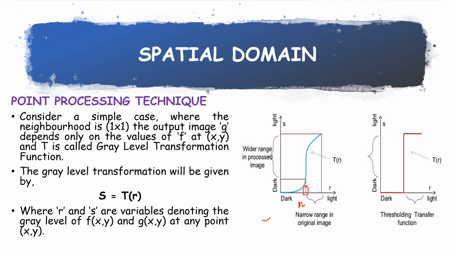Again, the points which are below m are dark and the points which are above m are light. The second diagram tells you the typical case of a transfer function T(r) that produces a binary image, which is a two-level image. Enhancement at any point in the image depends only on the gray level at that particular point. This kind of technique is called point processing.